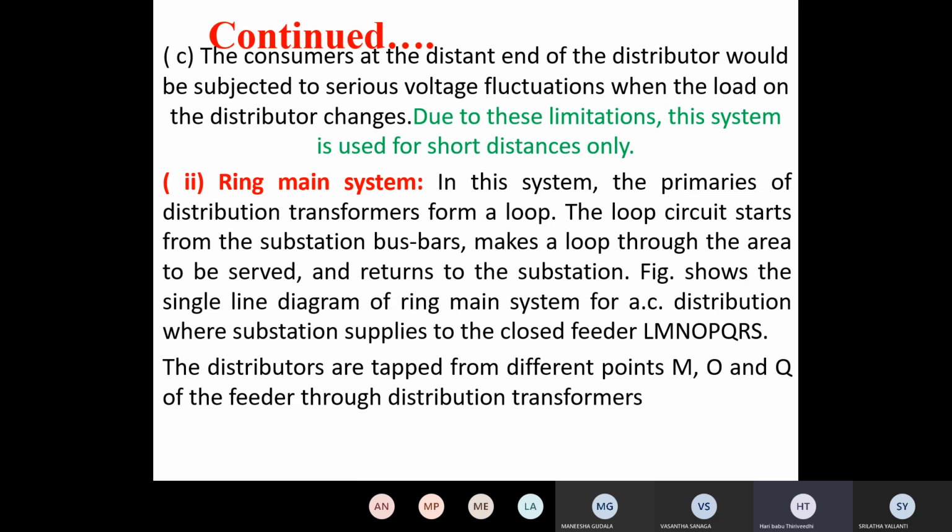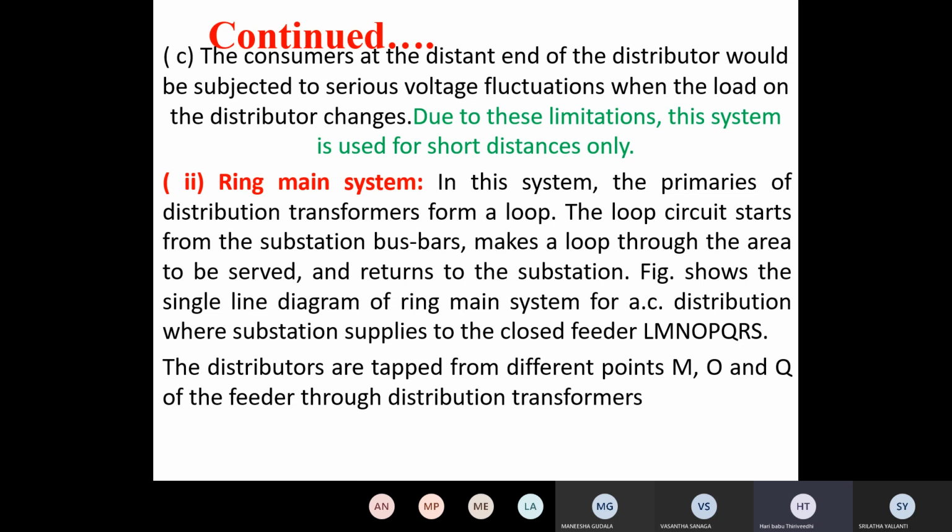In this system, the loop circuit starts from one substation or bus bars. It makes a loop through the area to be served and returns to the substation. That is to maintain a loop. Suppose the feeder starts at the substation, travels so much distance, and again comes back, and the end of that feeder is the starting point.